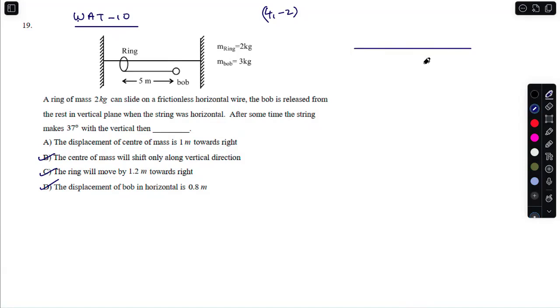Remember, this is the horizontal rod, and here is your ring, and here is the string. And this is 37 degrees.